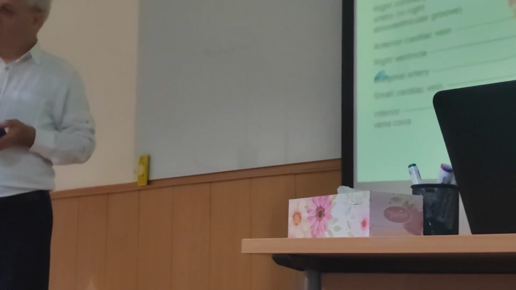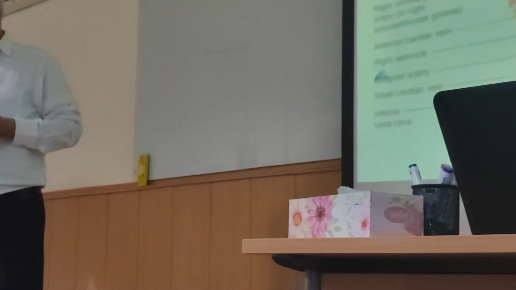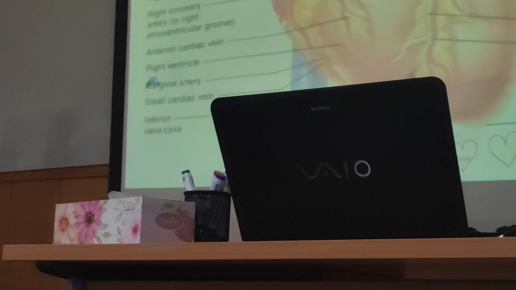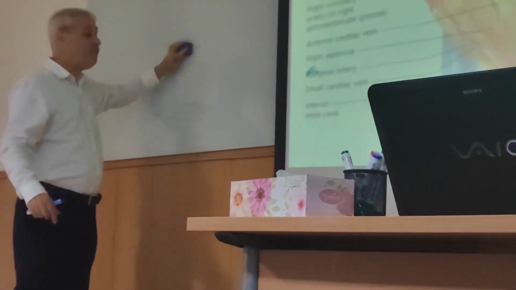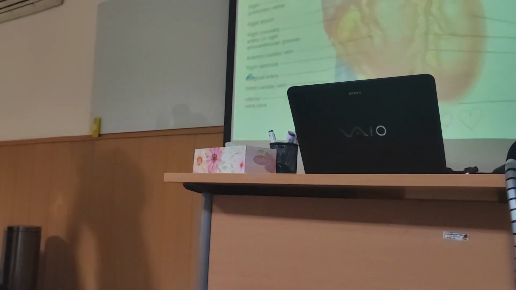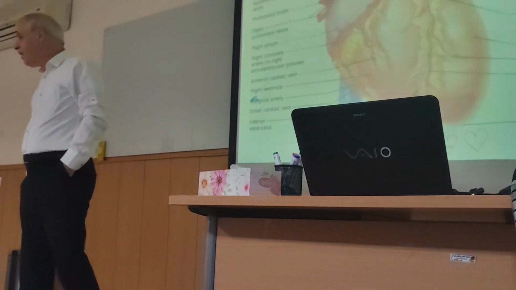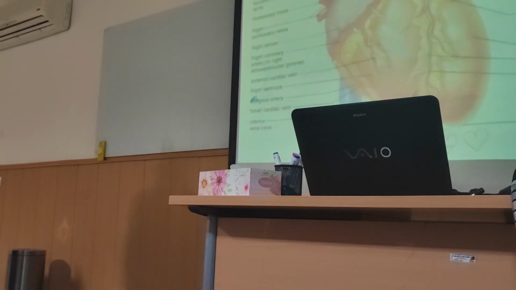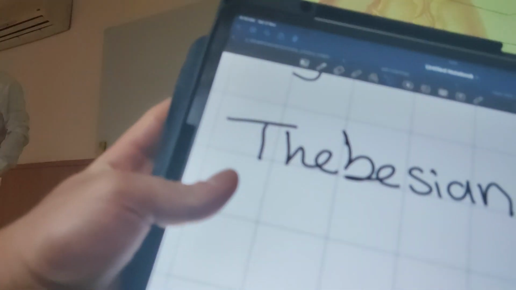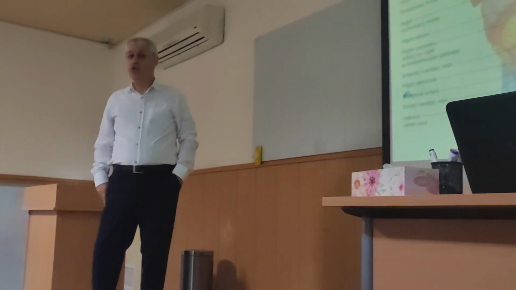When it extracts oxygen and nutrients and adds carbon dioxide to the blood, that blood should be added into the right ventricle. At the same time, you have the same scenario in the left ventricle. These veins that carry the non-oxygenated blood to the heart are called the Thebesian veins. This is called a cardiac shunt.